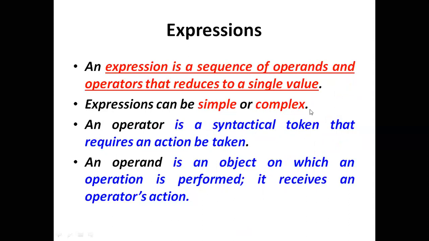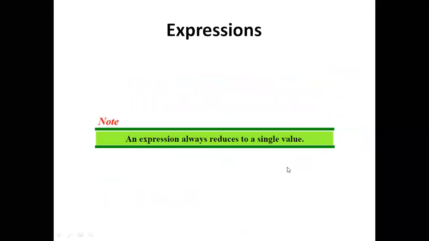Now we are going to see that an expression always reduces to a single value. Suppose I write c is equal to 10 plus 20 plus x, where x is equal to 2.